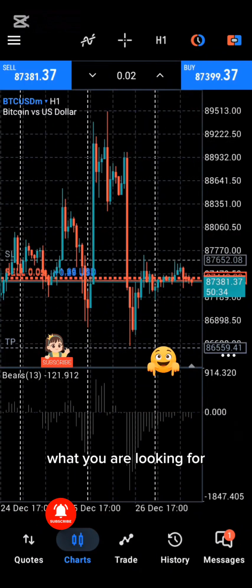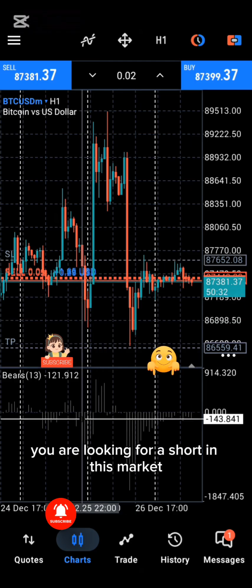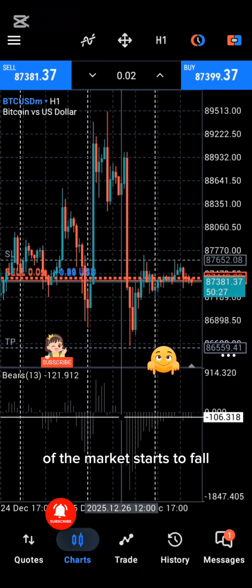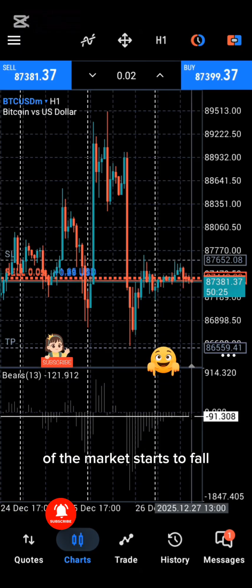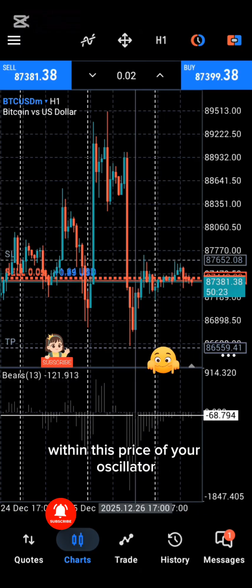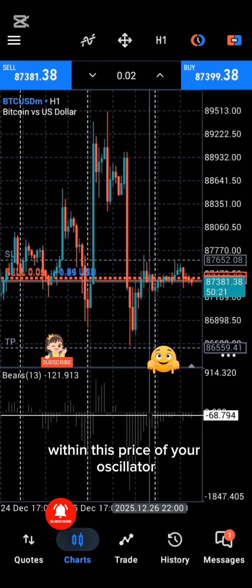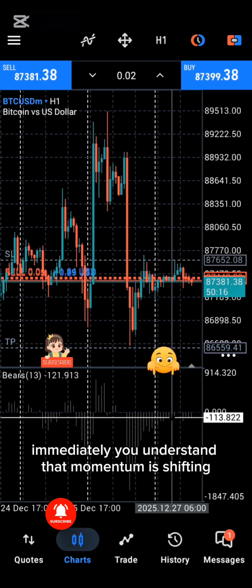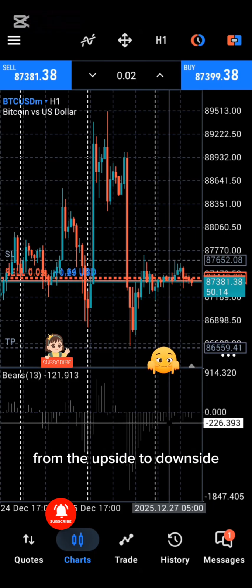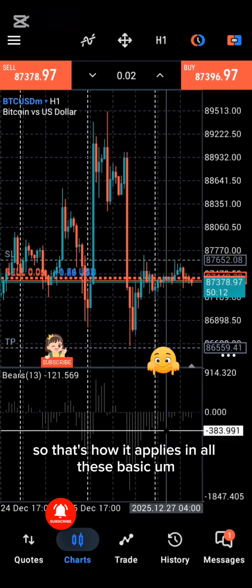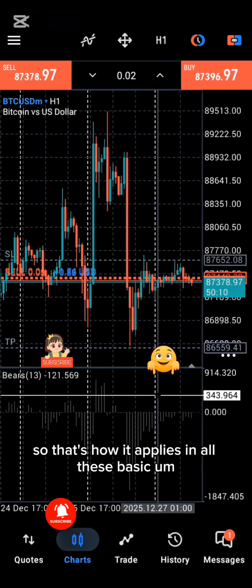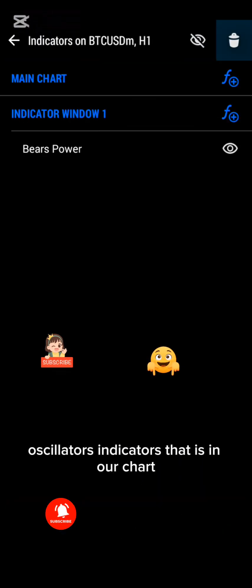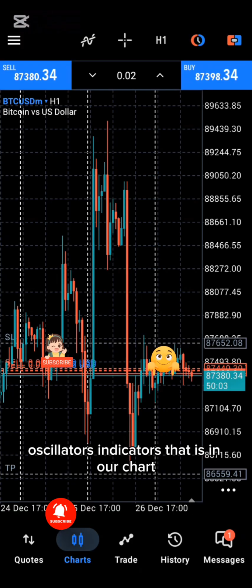When the price of the market starts to fall within this oscillator, immediately you understand that momentum is shifting from the upside to the downside.